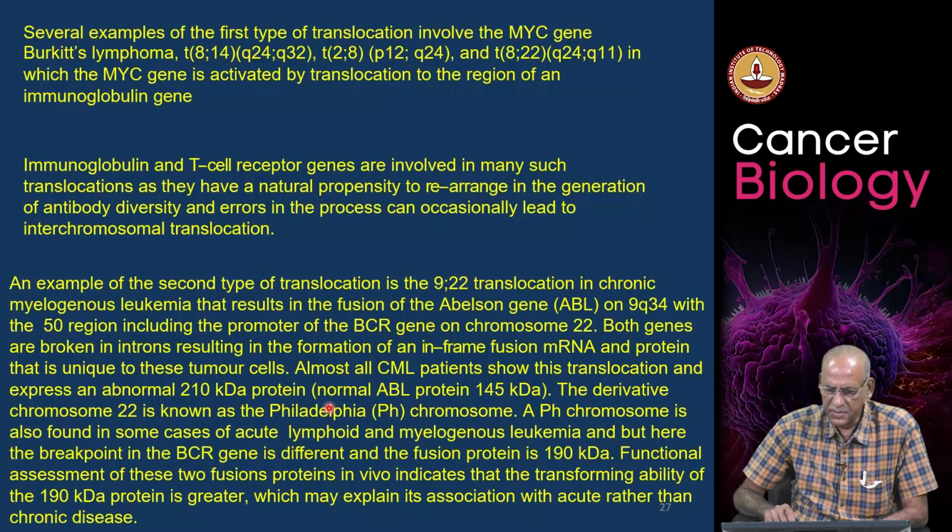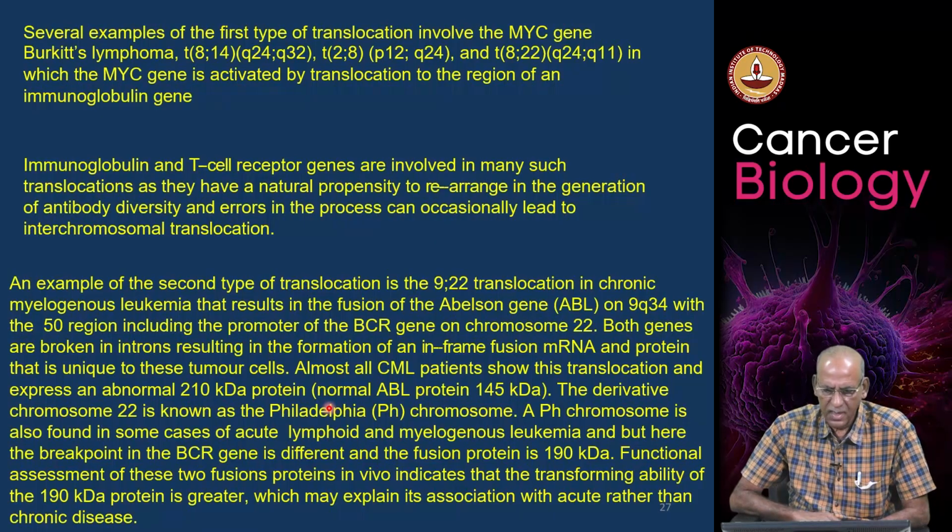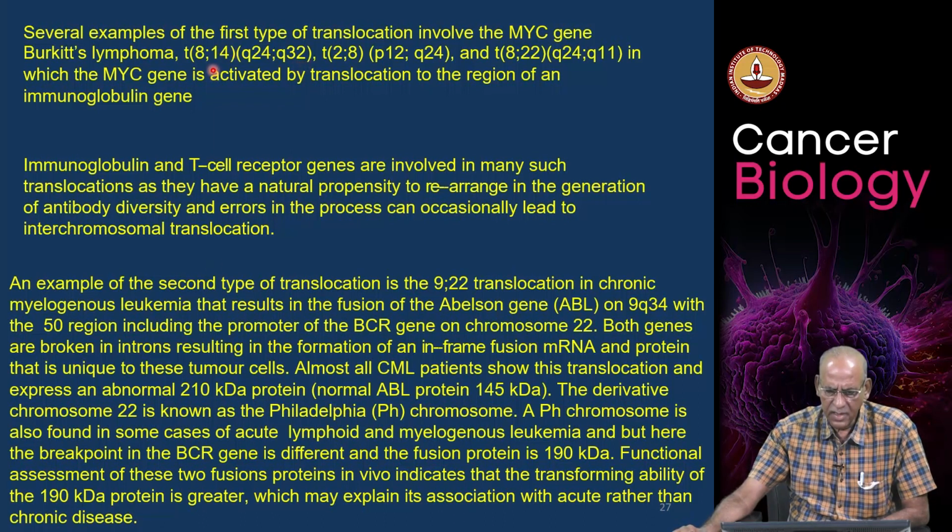One of the examples involves the MYC gene in Burkitt's lymphoma, and these are the chromosomal alterations. T8;14, the alteration occurs between chromosome number 8 and 14. Here it is 2;8 and 2;2, like that.